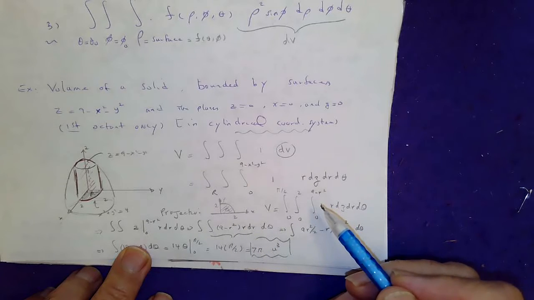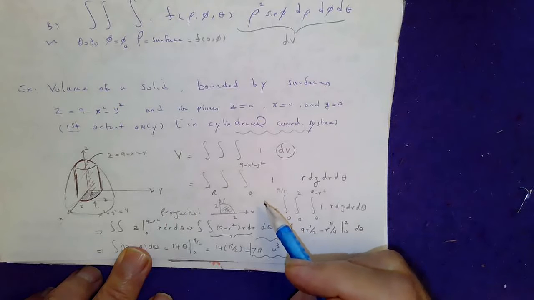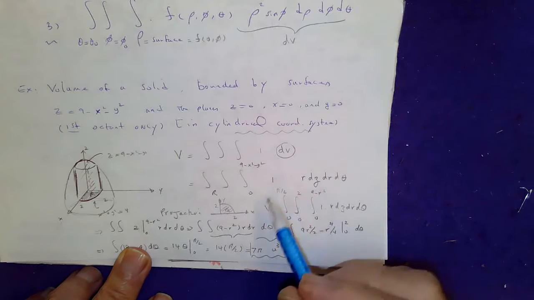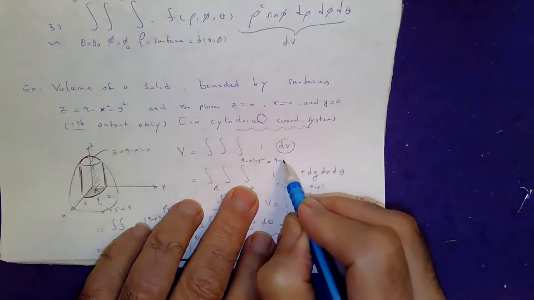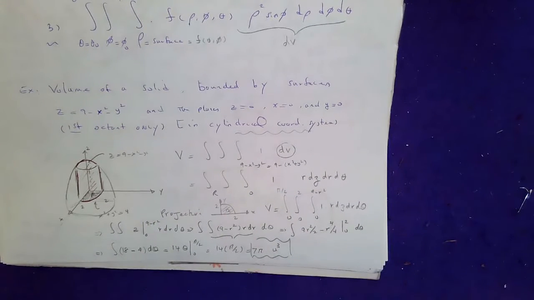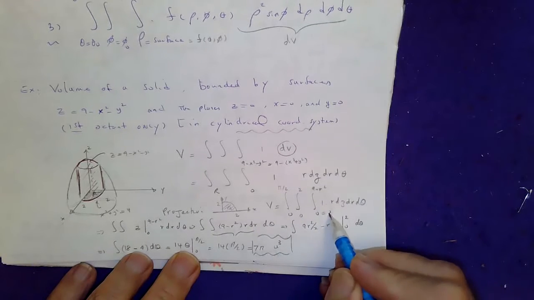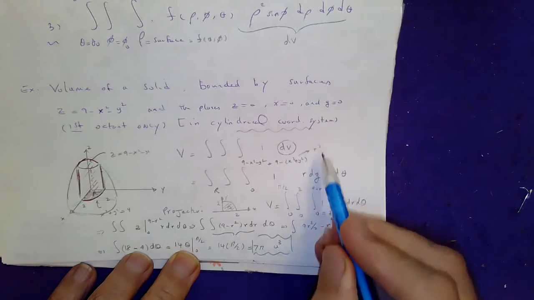Cylindrical coordinates. Remember, cylindrical coordinates is the three-dimensional version of what? Polar coordinates. So I'm going to rewrite this as 9 minus x squared plus y squared, if you factor out a minus. So z goes from 0 to 9 minus r squared, because this is r squared.